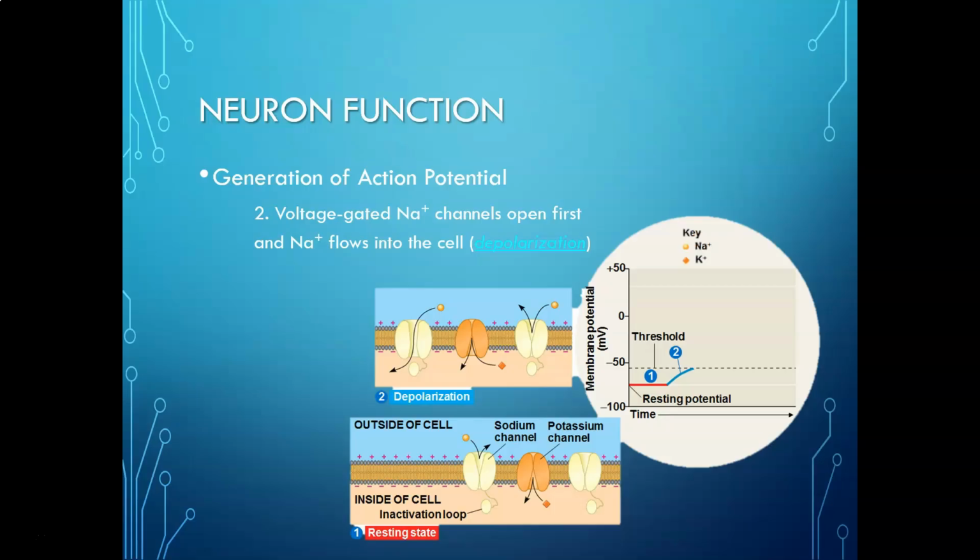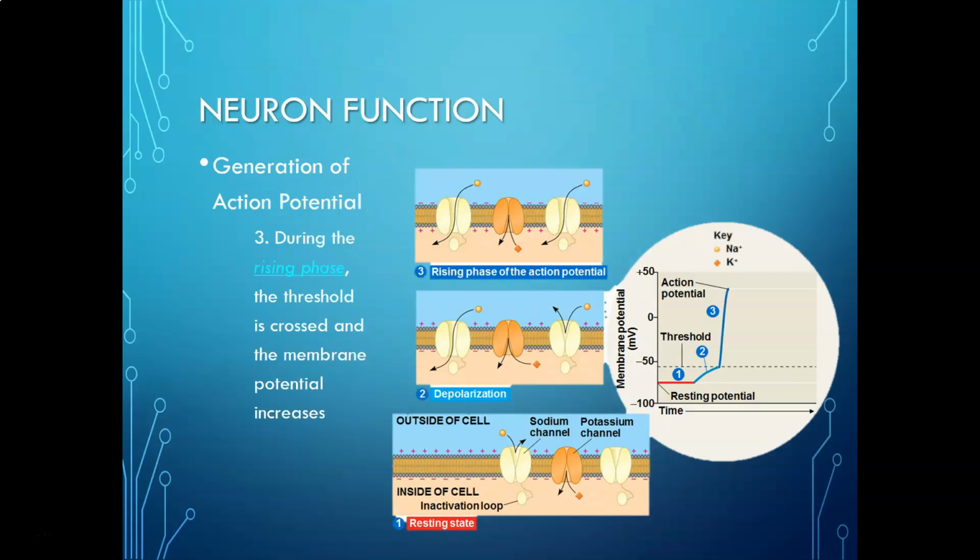How does that happen? As that signal is coming in, it's causing those voltage gated channels, specifically the sodium ones, to start opening. And as they start opening down that axon, that's going to allow that positive sodium to start flowing into the cell. Now the difference between negative and positive charges on the opposite sides of that membrane starts becoming closer to equilibrium.